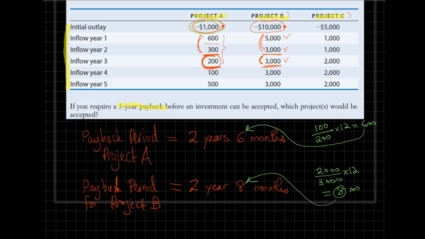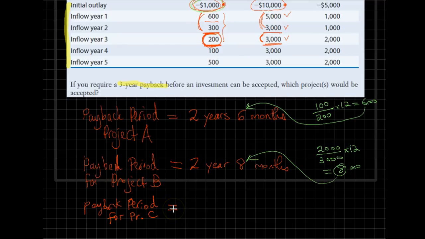Okay, now the last part. The payback period for project C, let's apply the same logic. The initial outlay for project C is $5,000, and we can see that 1 year would not be enough, 2 years again not enough, 3 years we can accumulate $4,000, still not enough, but 4 years is more than enough. So we start with 3 years, and how many months?